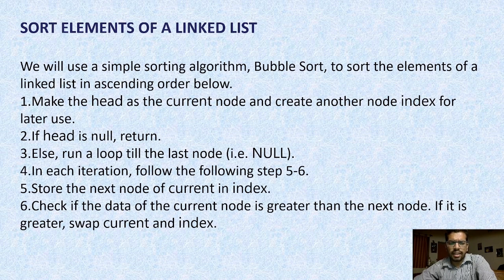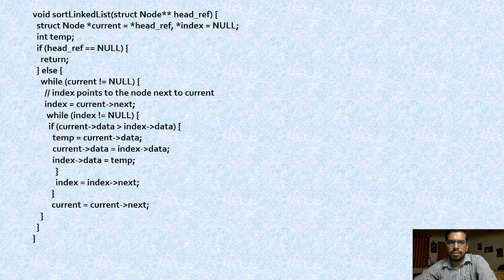In each iteration, follow steps 5 and 6. Store the next node of current in index. Check if the data of the current node is greater than the next node. If it is greater, swap current and index. This is the program to sort a linked list.